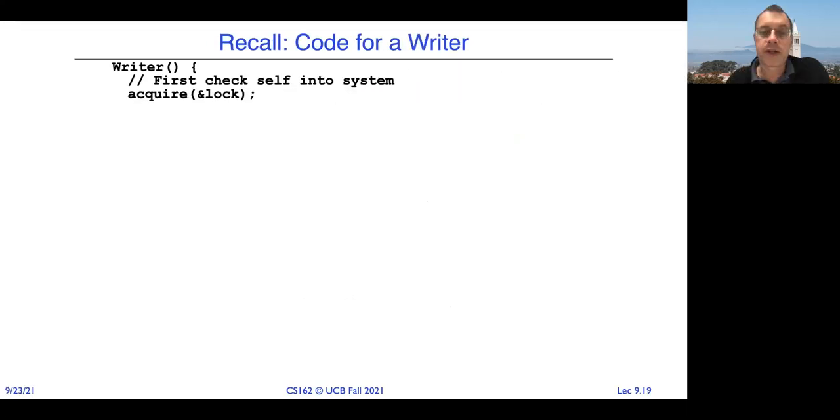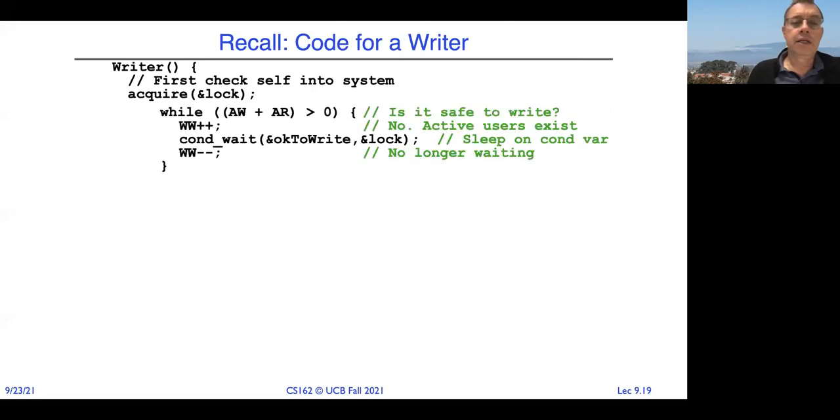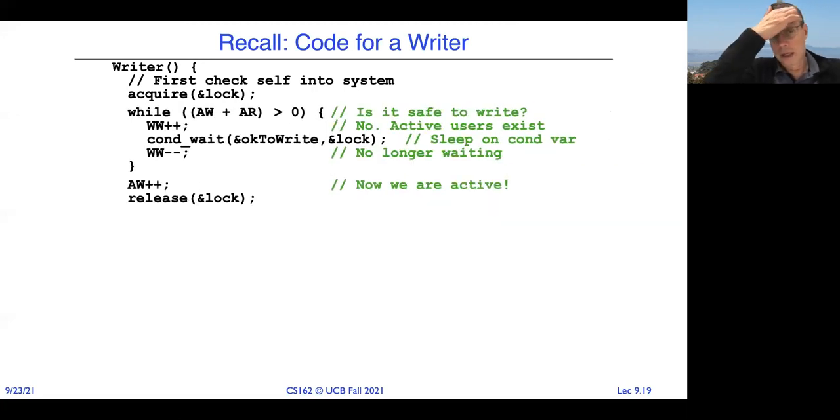Now let's see the code for the writer. It's very similar, right? You acquire the lock, and now you check whether you can write. And what is the test there? There should be no active readers. You cannot write while you have readers reading the data. And obviously, you cannot have active writers.